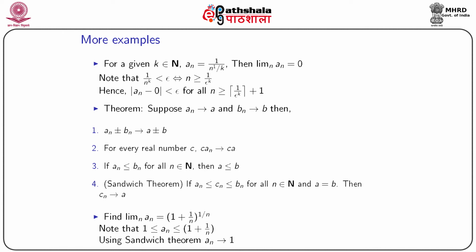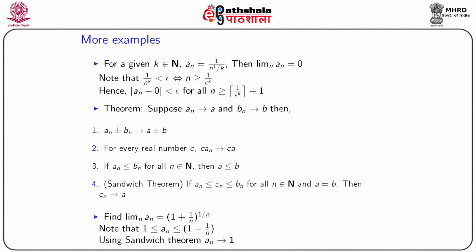Now one application of the sandwich theorem we can see by this example. Suppose you are asked to find the limit of a sequence where an is (1 plus 1 over n) to the power 1 over n. Now I can write (1 plus 1 over n) to the power 1 over n as greater than or equal to 1, because we are adding some positive quantity to 1, and it is obviously less than 1 plus 1 over n.